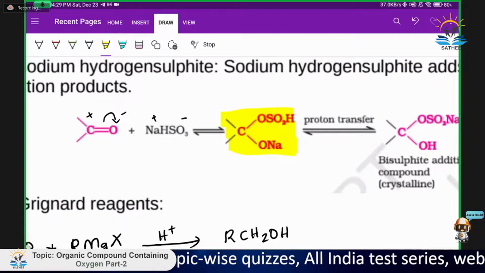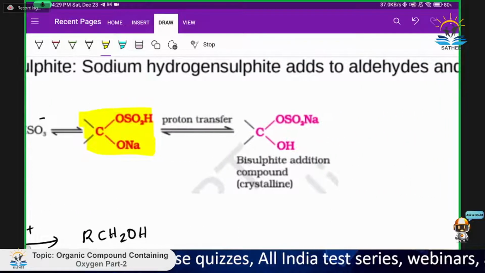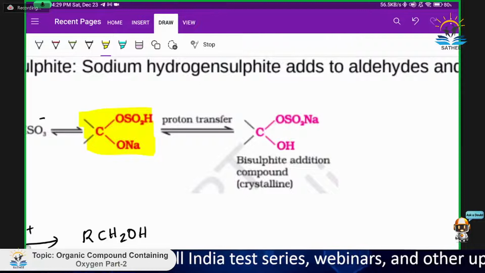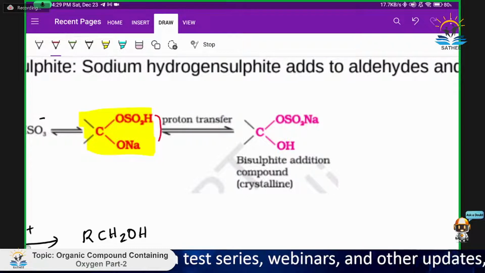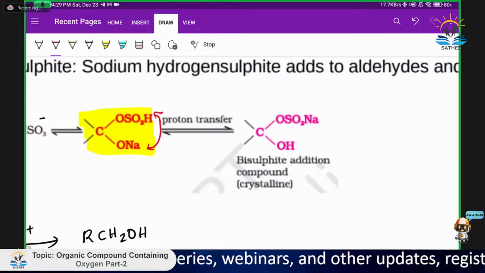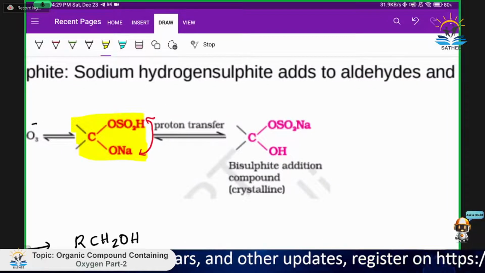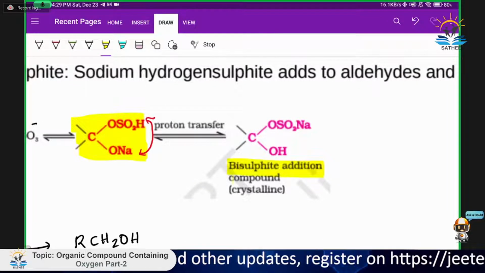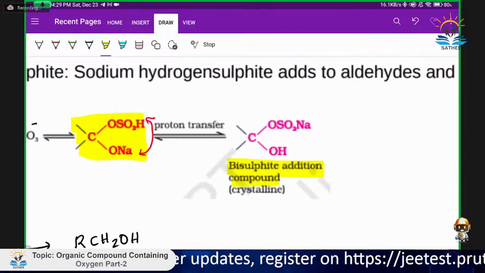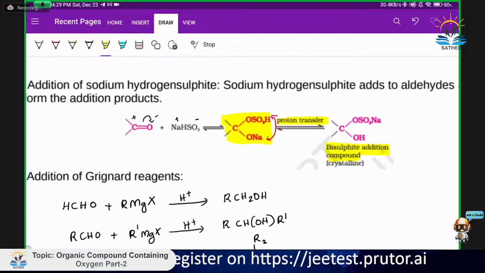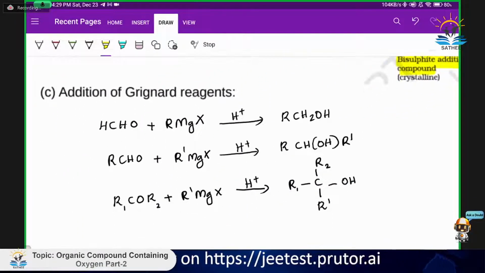There is an exchange that happens here between hydrogen and sodium, and we get this product. This product is known as the bisulfite addition compound, formed due to proton transfer. Now, addition of Grignard reagent.